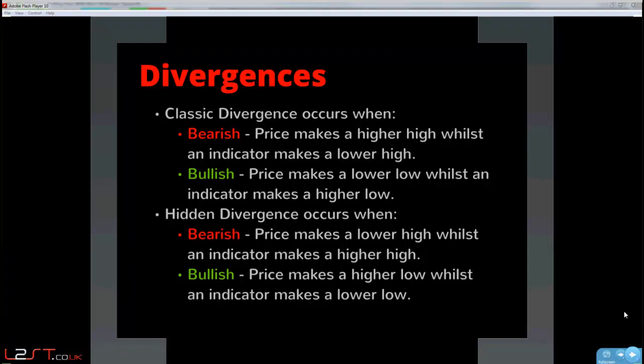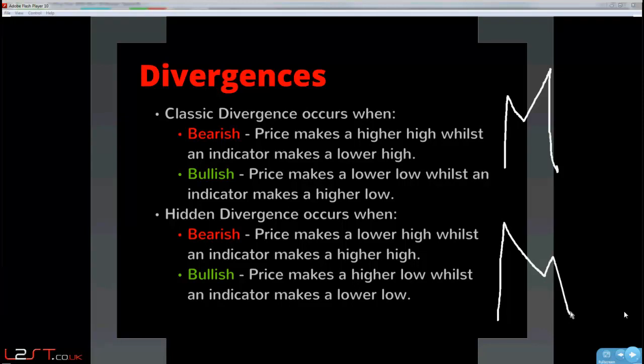So you will look for a period where the market, for example, makes a higher high like this, and an indicator, which in my case I'm going to be covering the volume breakdown indicator, looking at delta, makes a, say, lower high.